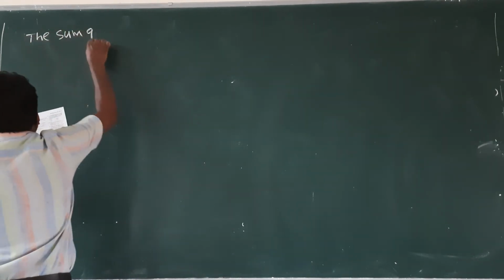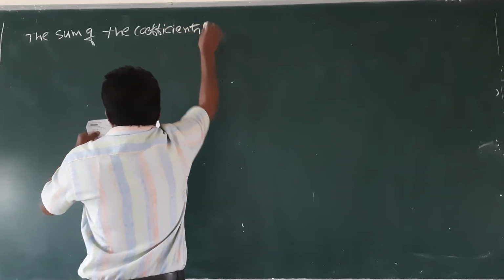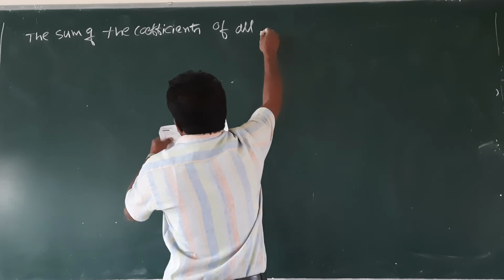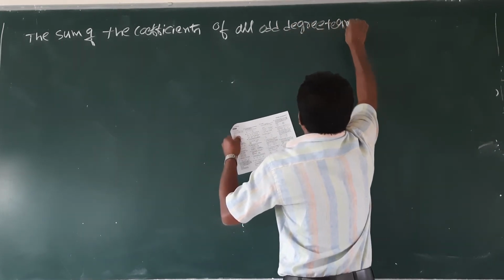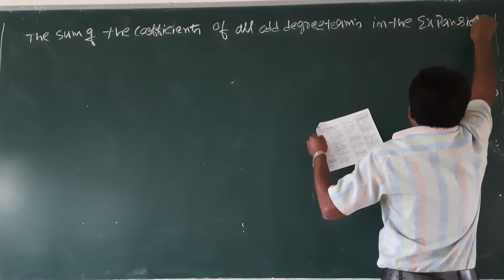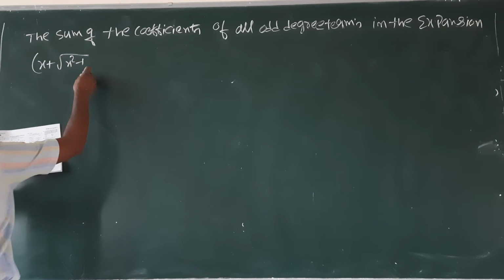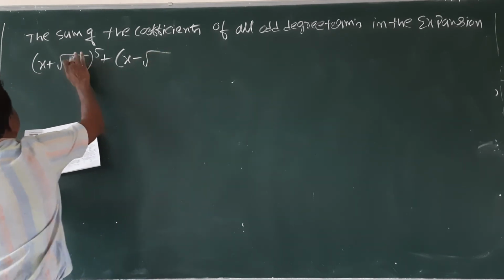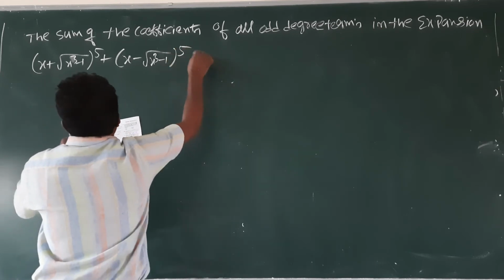The sum of the coefficients of all odd degree terms in the expansion of x plus root of x square minus 1 whole power 5 plus x minus root of x cube minus 1 whole power 5 is equal to.